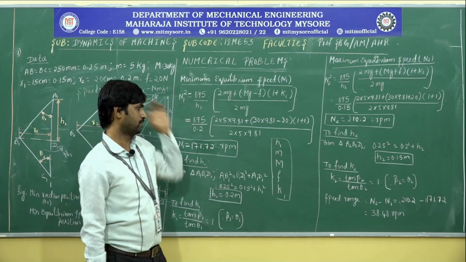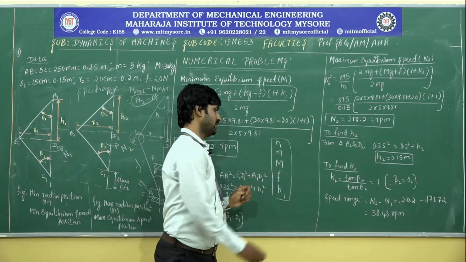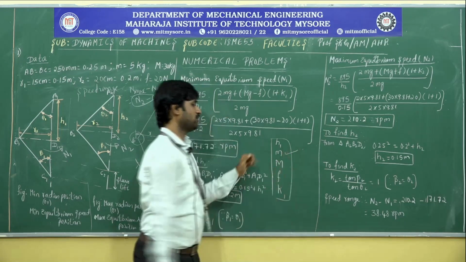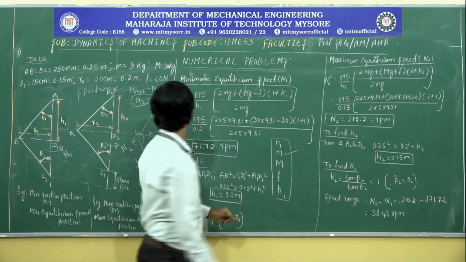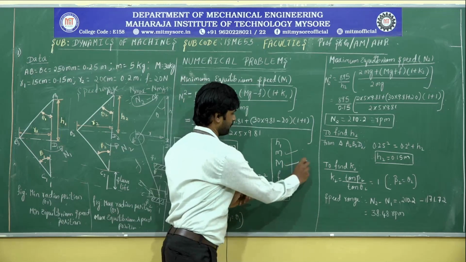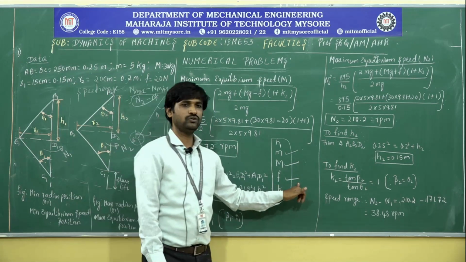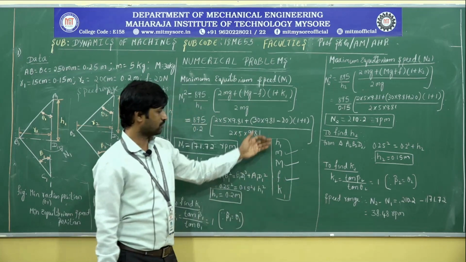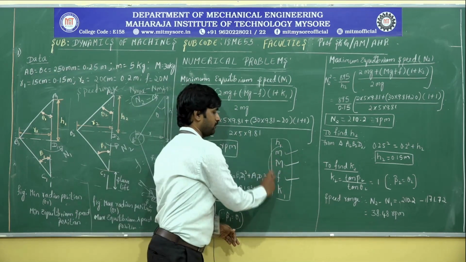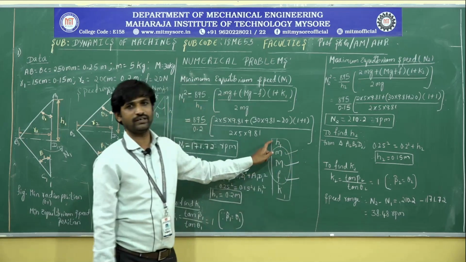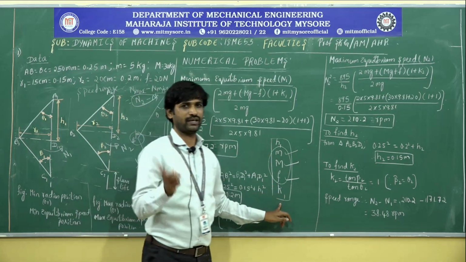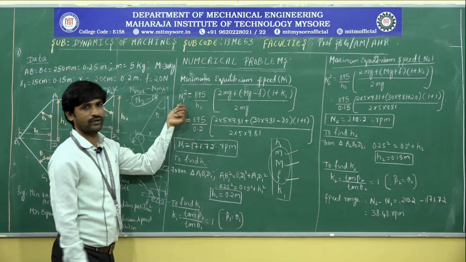But in the data itself, it is given that the value of small m is 5 kg, the value of capital M is 30 kg, and the frictional force is equal to 20 Newton. So since out of the 5 terms, already we know 3 terms, if I calculate the value of H1 followed by K1, I will get the value of N1.